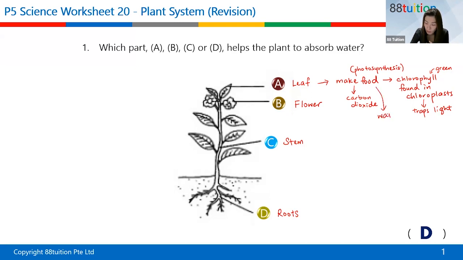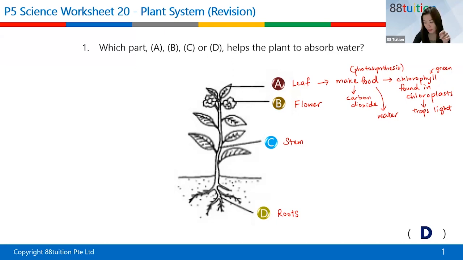So, you need water. Remember, water is required in order for the plant to be able to make food, take note. This process is known as photosynthesis. The plant needs to take in carbon dioxide, water, and then trap light with chlorophyll.